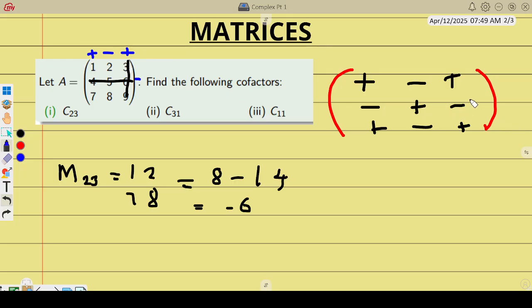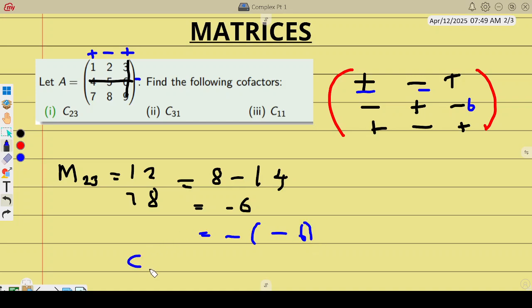This means that for this negative 6, we write a negative outside for its position. So we have a negative and then negative 6.